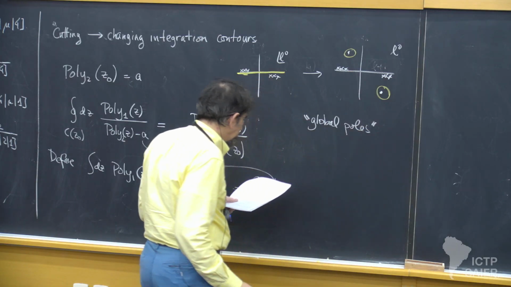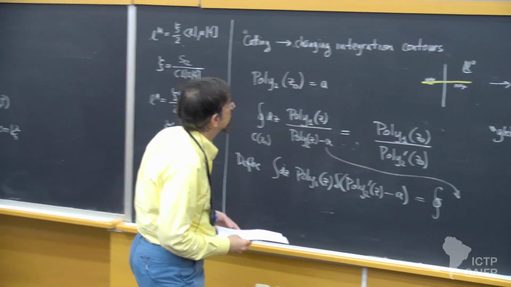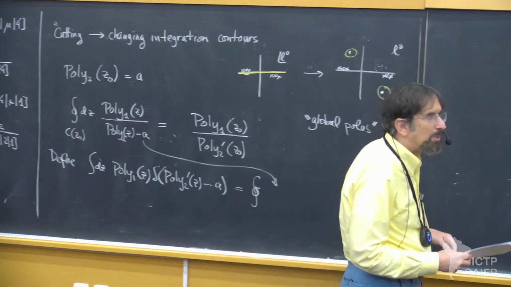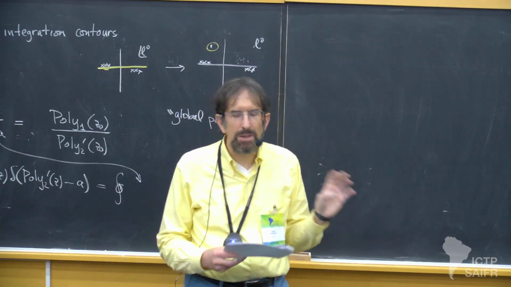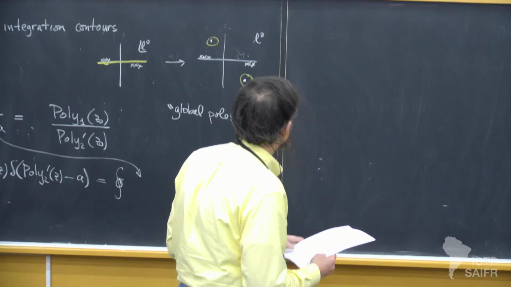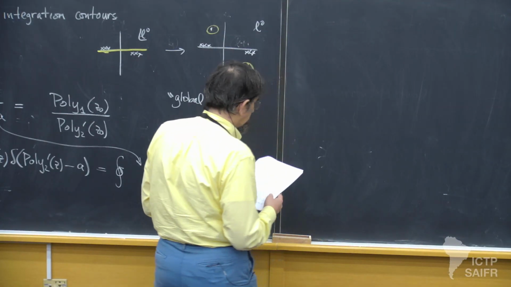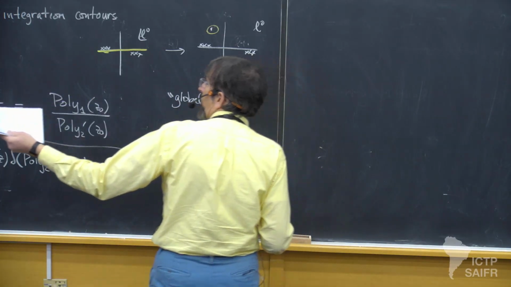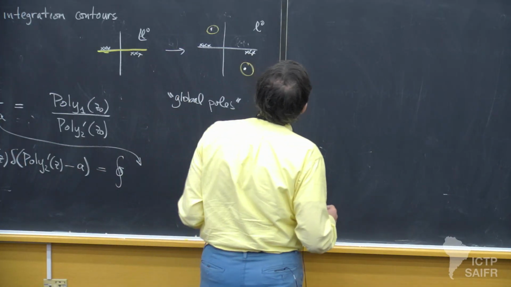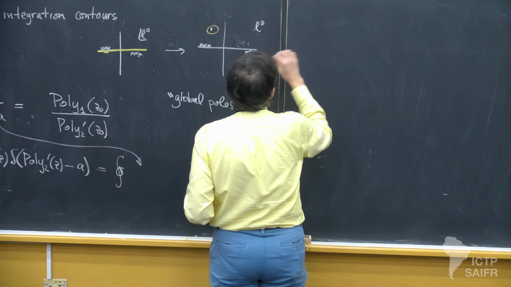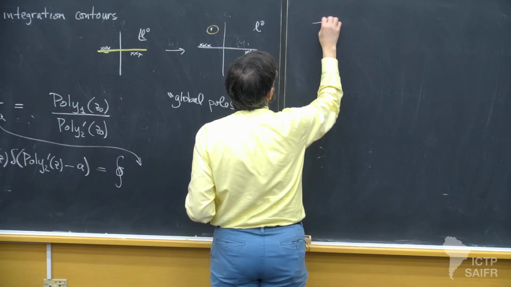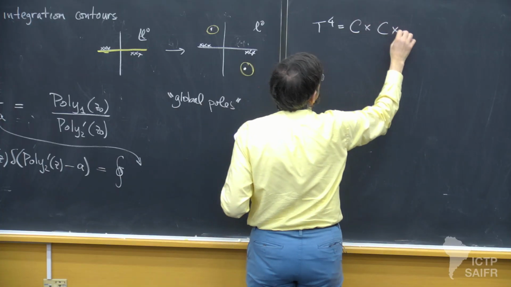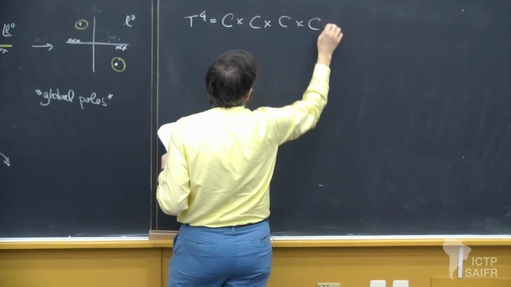And extracting these residues in general in multivariate situations requires use of computational algebraic geometry tools. But here, and in a certain number of other even higher loop integrals, it's simple enough. We just have 4 independent degrees of freedom, and our contours are just the products of circles around them. So they're really just 4 tori. So there's a circle across a circle, across a circle, across a circle here.